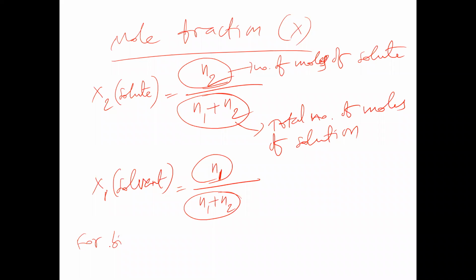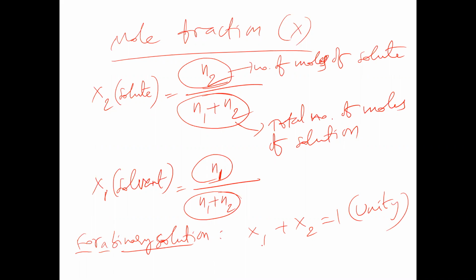Generally for a binary solution, which has 2 components, one solute and one solvent, X1 plus X2 must be equal to 1. 1 means unity. X1 is mole fraction of solvent plus mole fraction of solute, and it must be equal to 1.